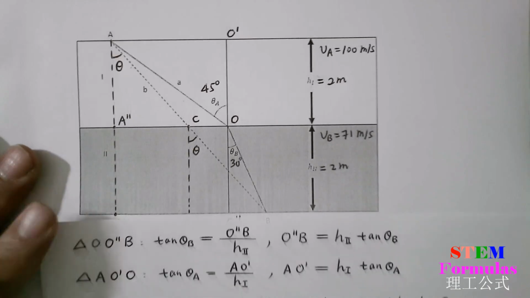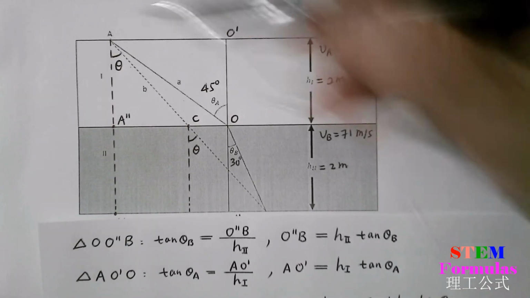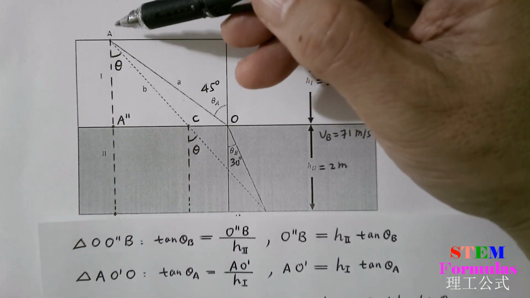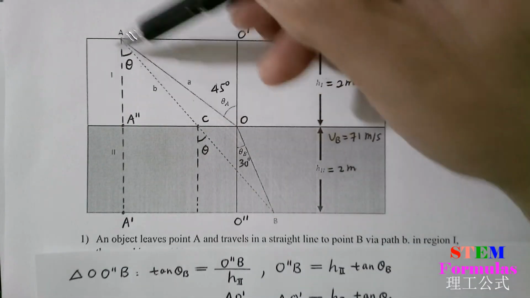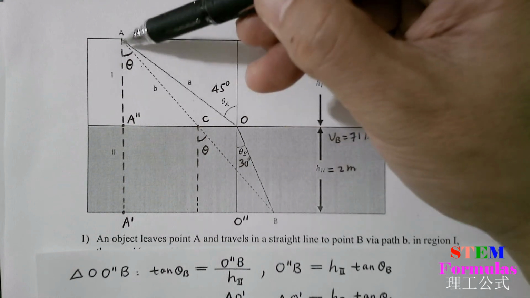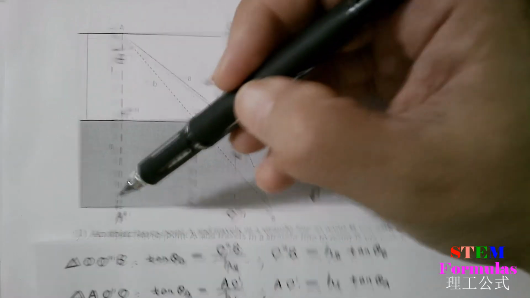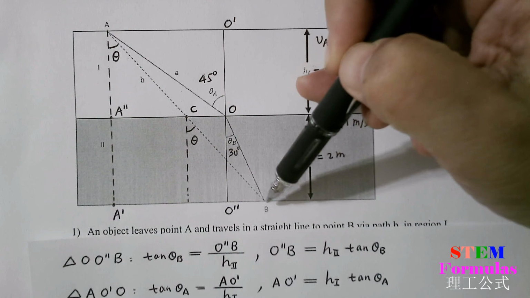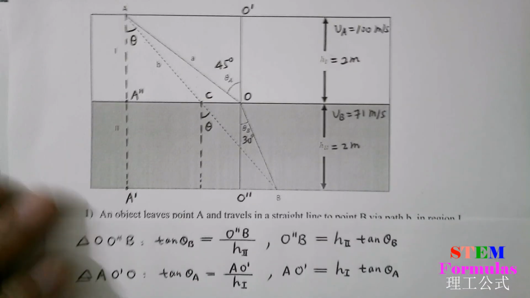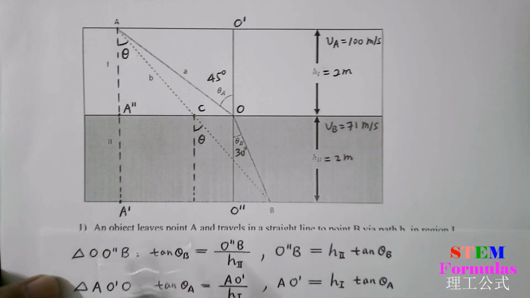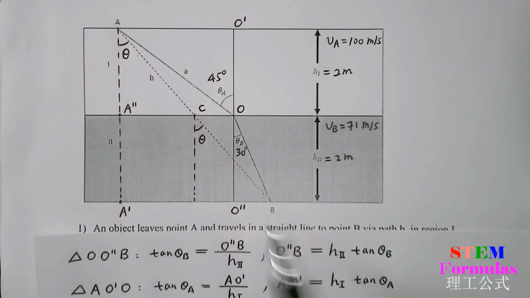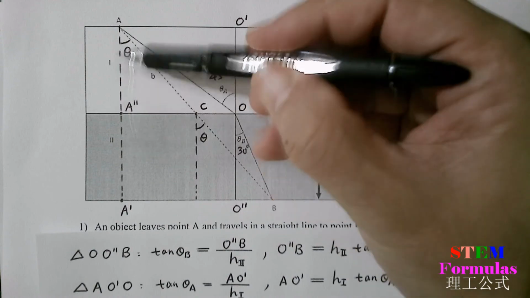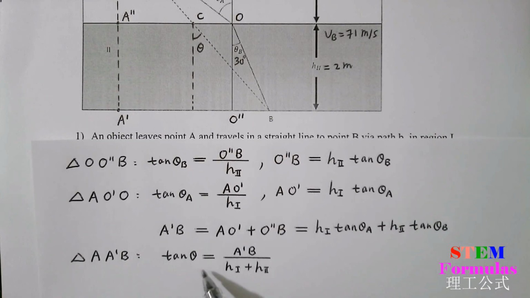So I consider this big triangle A prime B, A prime B divided by H1 plus H2 equal tangent theta.